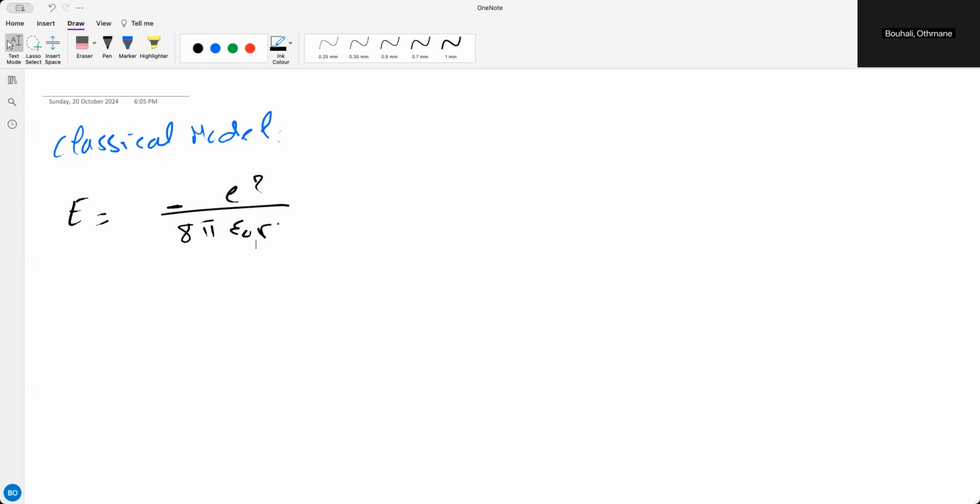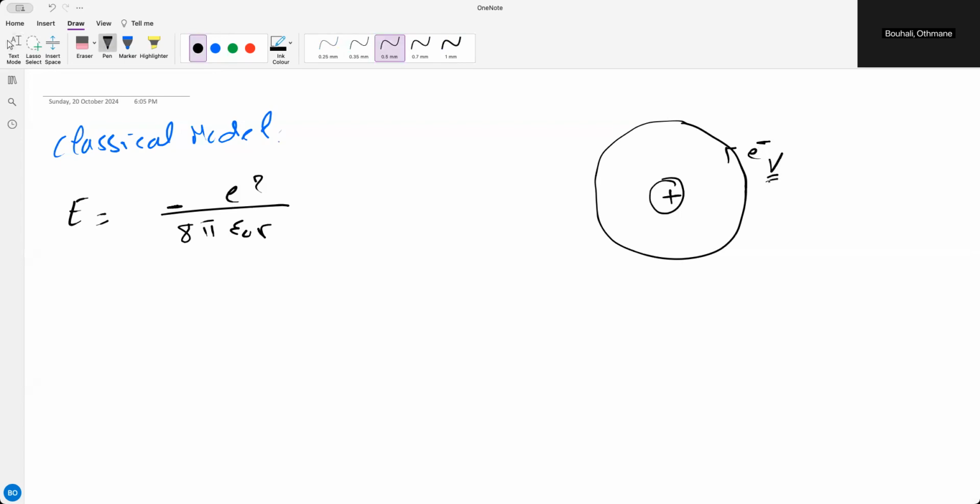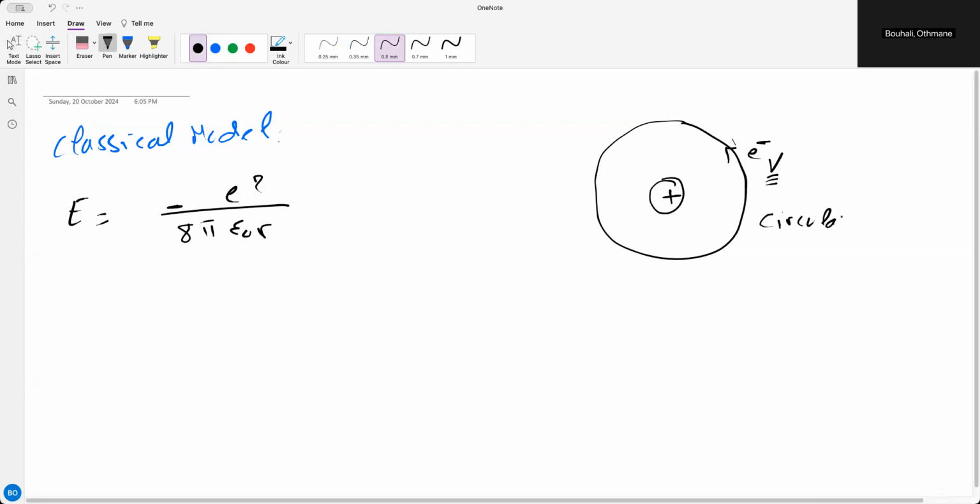And in fact, it has an issue that we have seen in Physics 207 in electricity and magnetism. This is a positive charge, and this is the electron. According to this classical model, the electron is moving with a velocity v. Now, we know that when a charged particle is moving in a circular motion, this particle will radiate energy, radiate photons.